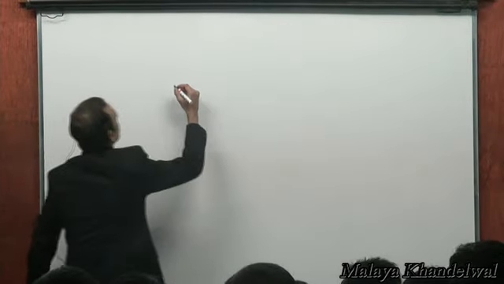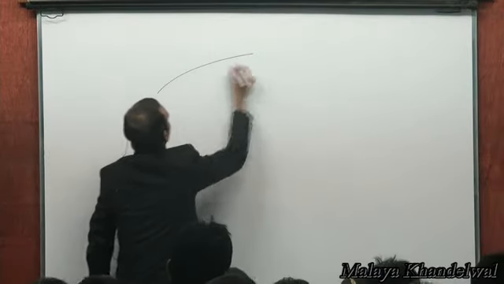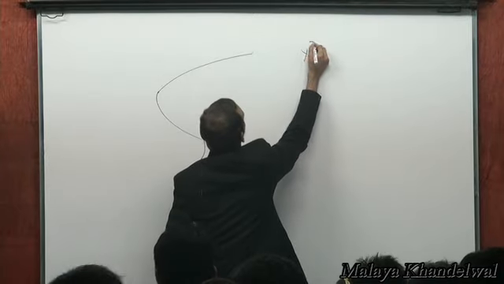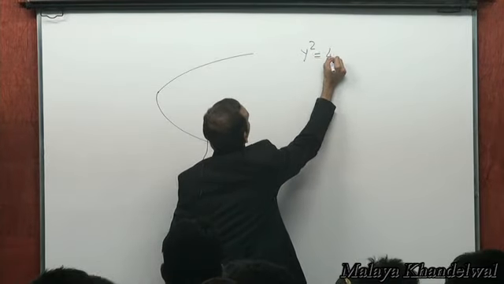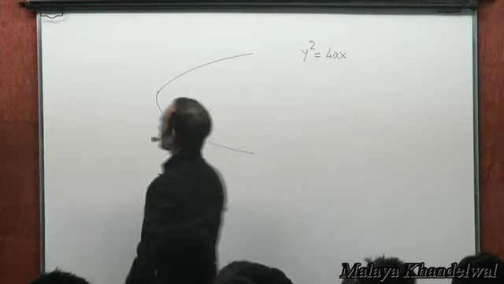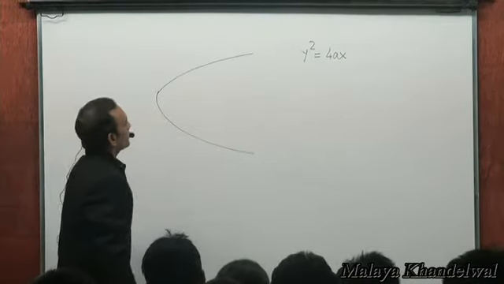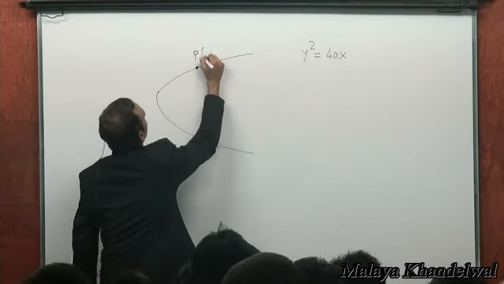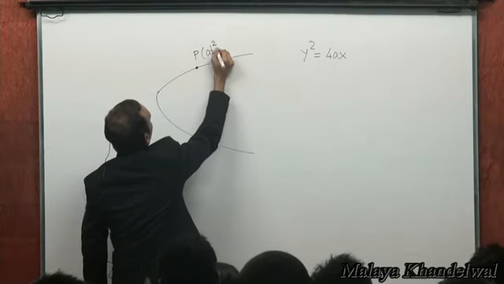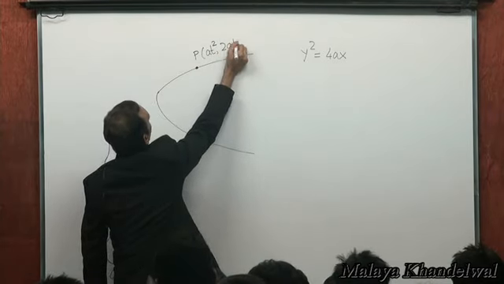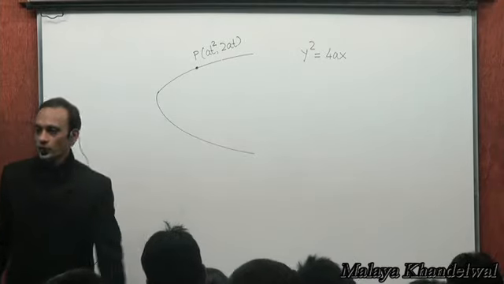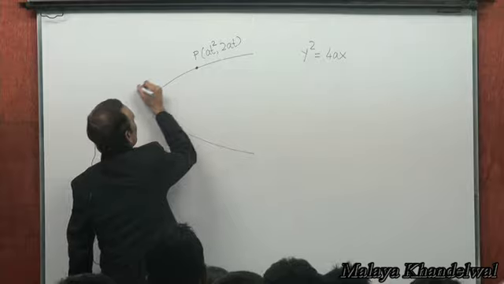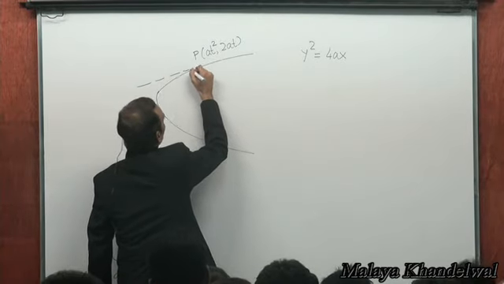If this is a standard parabola, y squared equal to 4ax, and I have any point P on the parabola, call it at squared comma 2at, right? t is different for different points on the parabola. This is the parametric representation of points on the parabola.